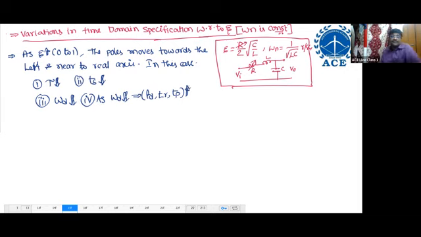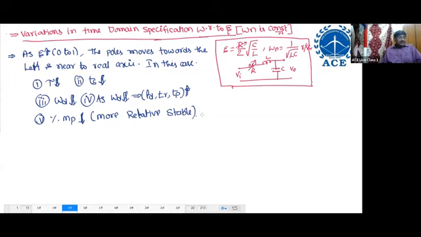Next, percentage of MP decreases. The system is more relatively stable. That's all.